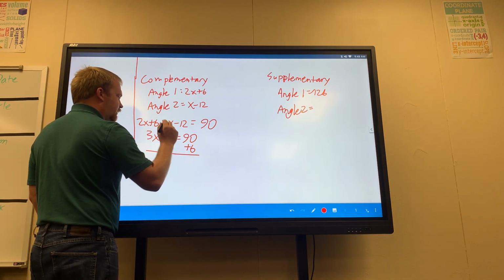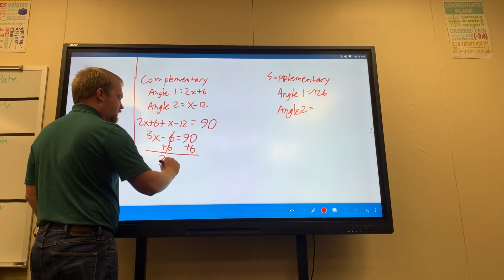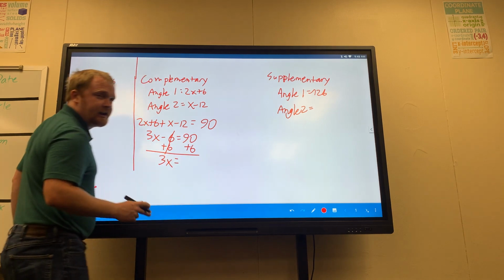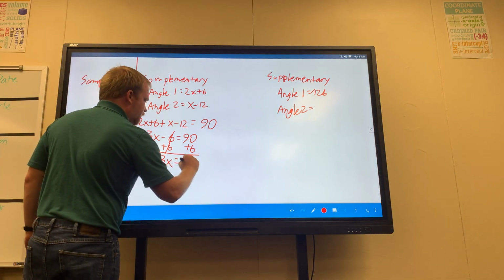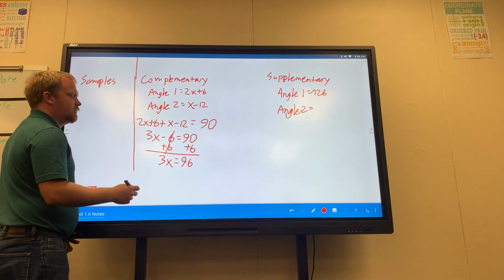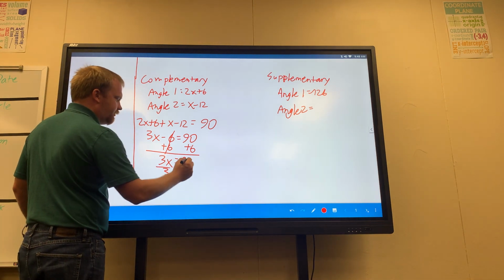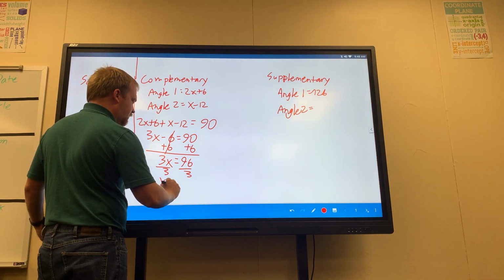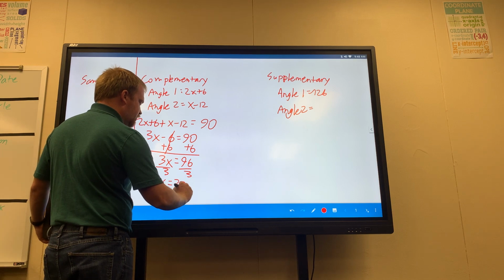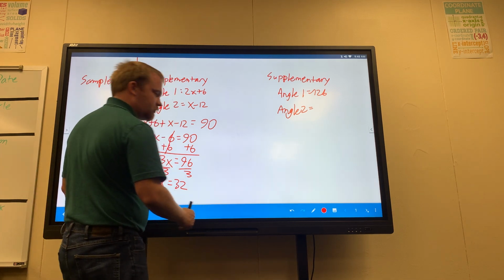The 6 cancels out, so I'm left with 3x equals 90 plus 6, which is 96. Now, if I divide by 3 on both sides, I get x equals 32. Okay?